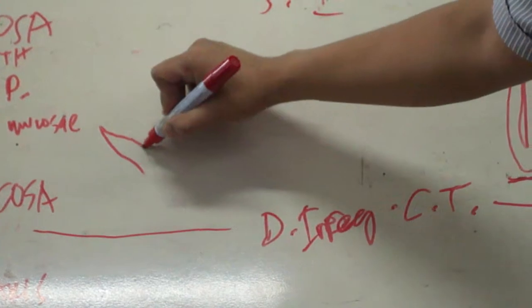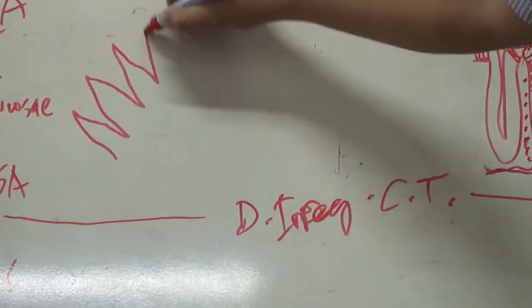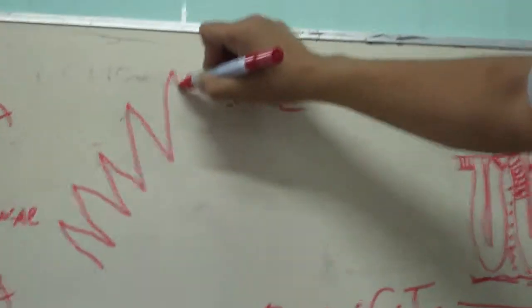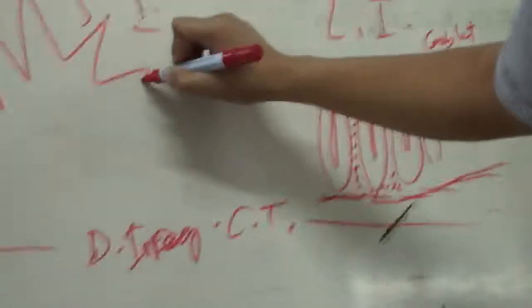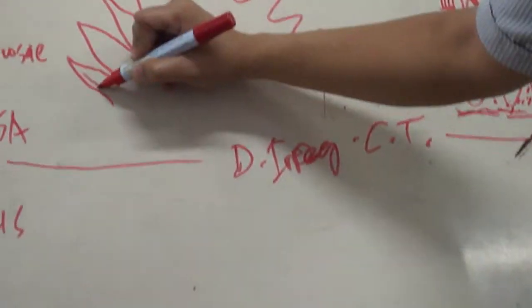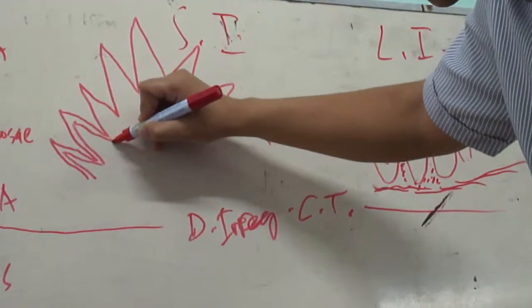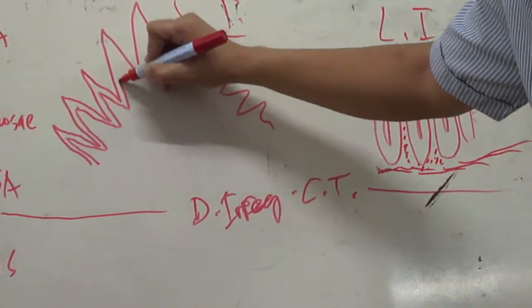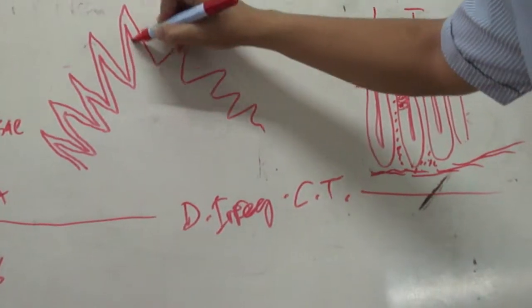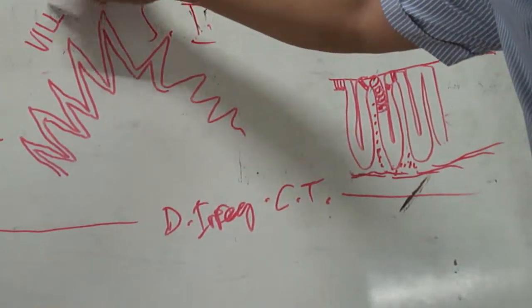With regards to the small intestine, the mucosal surface is not flat. So we should be able to see numerous tongue-like projections. Tongue-like mucosal projections. And then, how do you call these tongue-like projections? The villi.